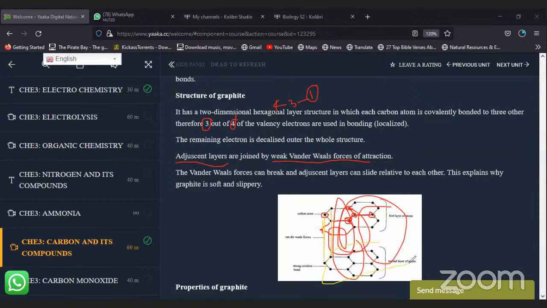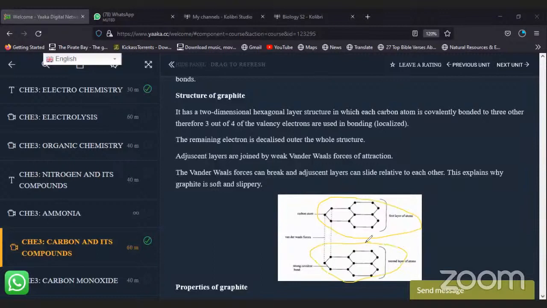So this is like one whole layer, and this one up here is also another layer. They're joined by the weak van der Waals forces. These are the layers here. And the van der Waals forces are joining them, one layer to another, one layer to another, like that.